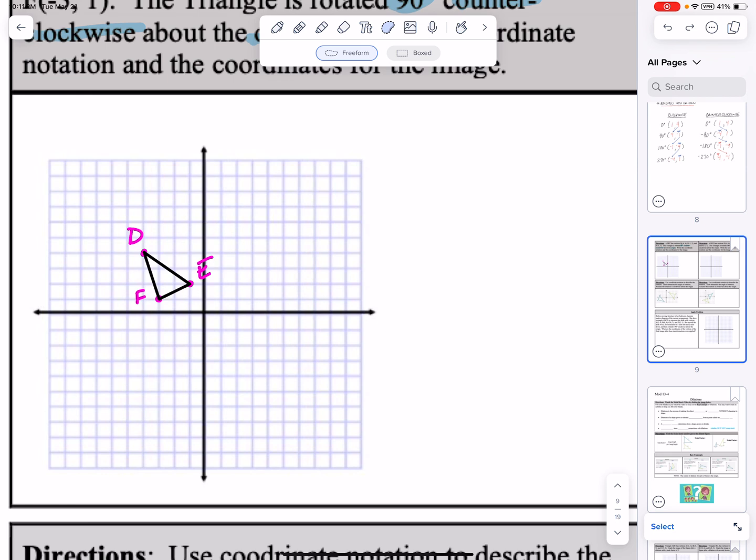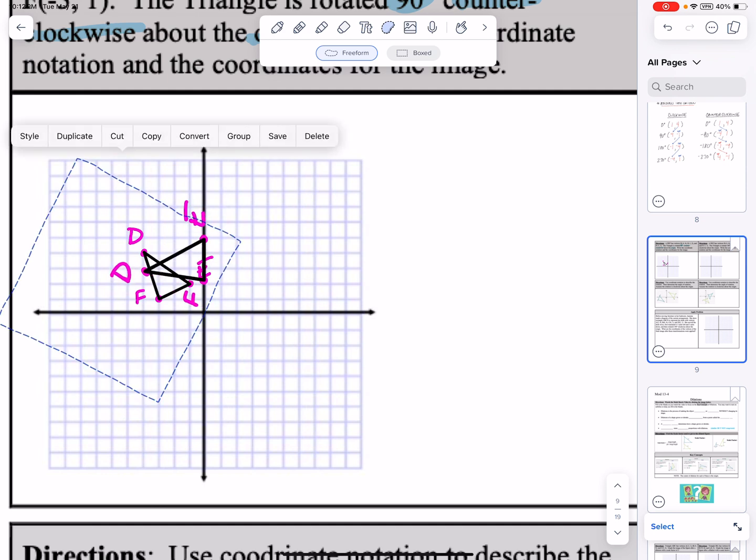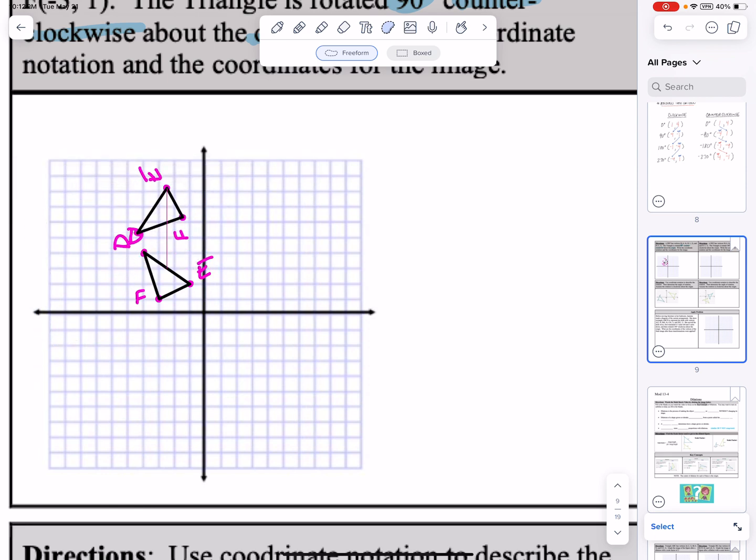So trick number one, if you take your lasso and you outline the box here, this particular quadrant, tap it and duplicate it. I want you to see something here. So we can take this entire box, and you rotate it 90 degrees, but you actually have to rotate the whole box entirely.